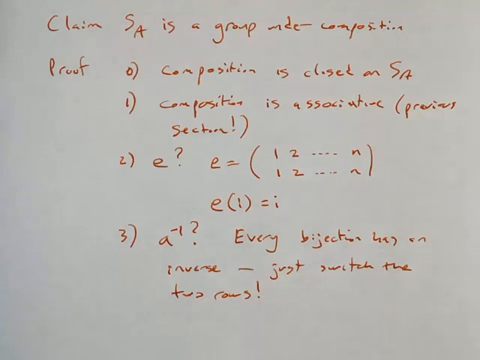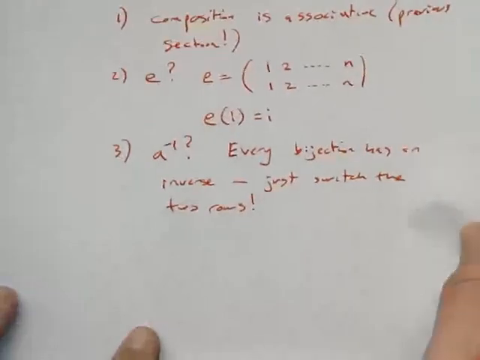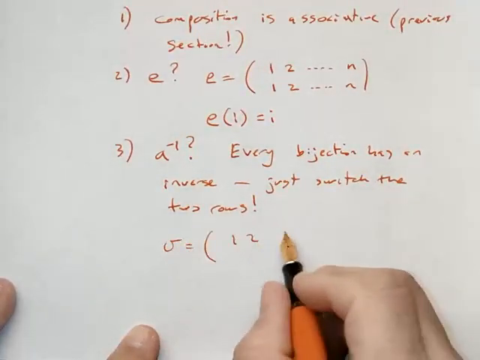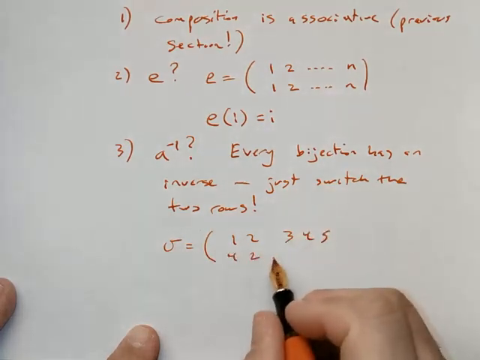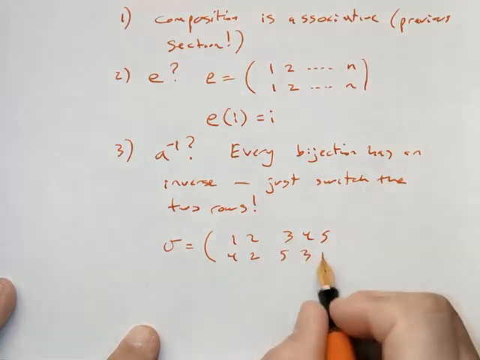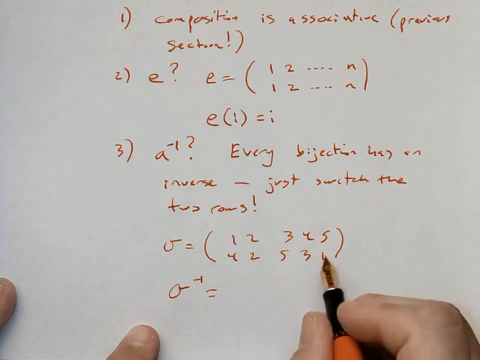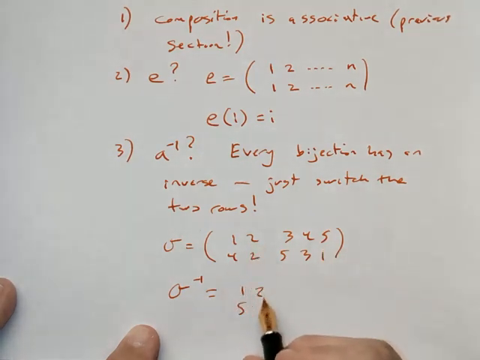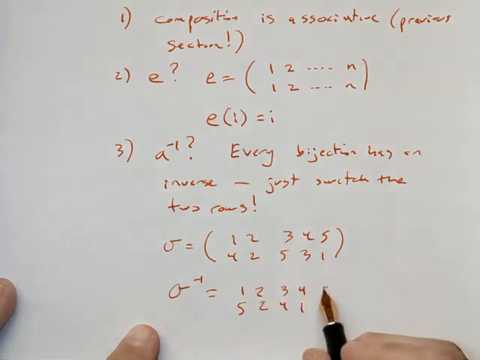Wait a minute, that means I know what sigma inverse is, right? If we look back at sigma, 1, 2, 3, 4, 5 across the top, 4, 2, 5, 3, 1 across the bottom, then sigma inverse is: 1 goes to 5, 2 goes to 2, 3 goes to 4, 4 goes to 1, 5 goes to 3.